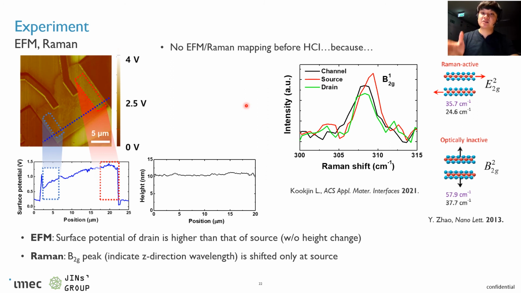However, there was a peak shift in only the B2g peak, only near the source. Through this, we could confirm there was a change of strain in the out-of-plane direction. So this was previously studied in the Zhao paper.